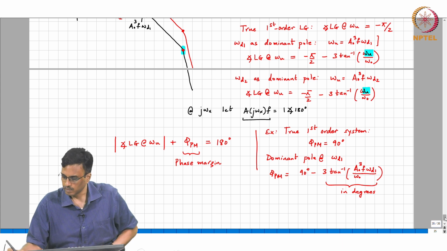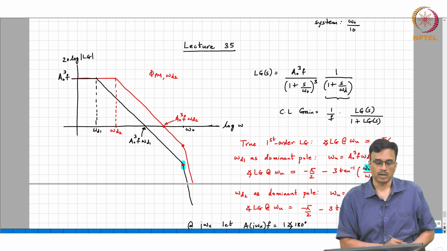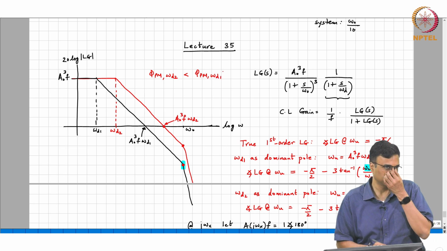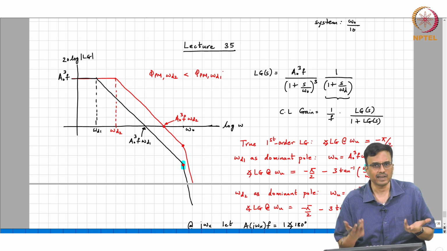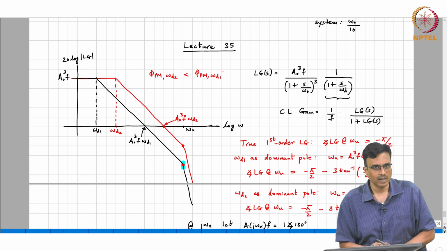So, in this particular example, the phase margin for omega d2 is less than the phase margin for choosing omega d1, right. So, phase margin is smaller, basically means that the margin you have for stability is smaller, which means it is closer to being unstable, right.